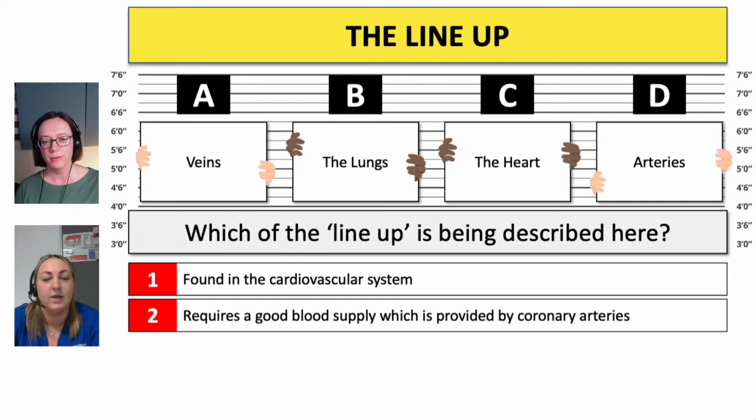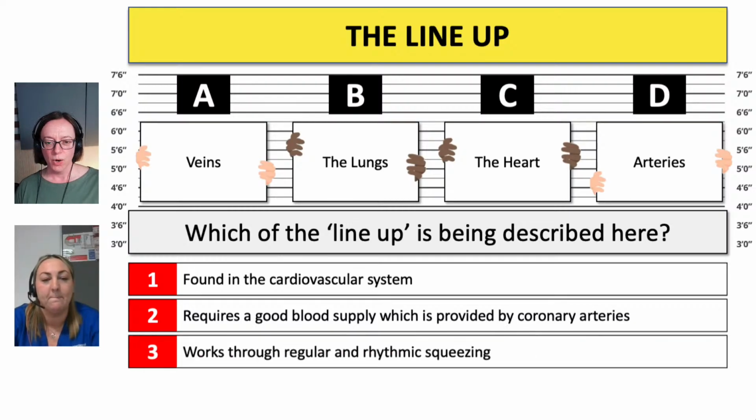Let's have a look at the next one. It works through regular and rhythmic squeezing. Anyone at home, for a round of applause and an air horn, want to tell me what it is before I release the final clue? I'm looking at you, Anissa and ARIXD.